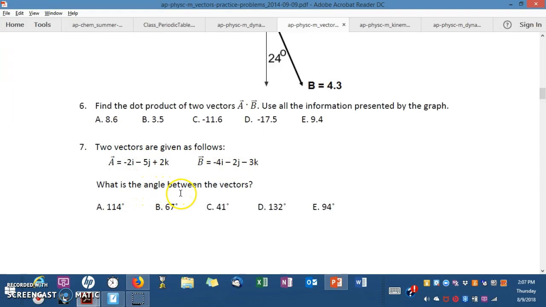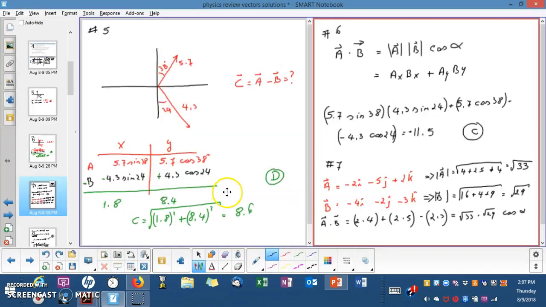They want to know the angle between those two vectors. So what you can do is calculate the magnitude of the first one, the magnitude of the second one, and you will find those two magnitudes. Also, another way of solving this, right, is by multiplying those two vectors' components together: the x components, the y components, the z components.